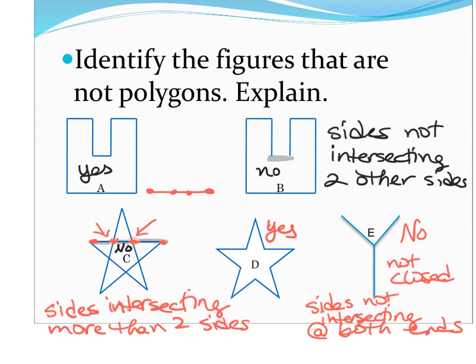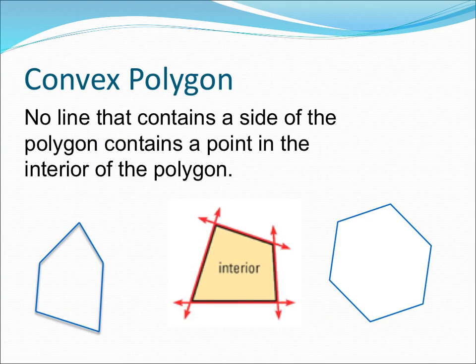The next thing we're going to talk about is convex and concave. Next, we're going to talk about a convex polygon. And a convex polygon is no line that contains a side of the polygon contains a point in the interior of the polygon.